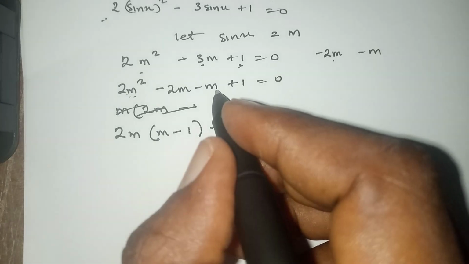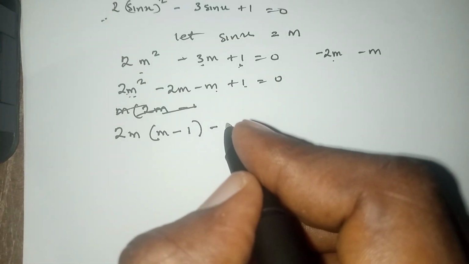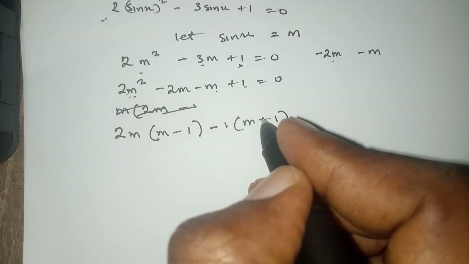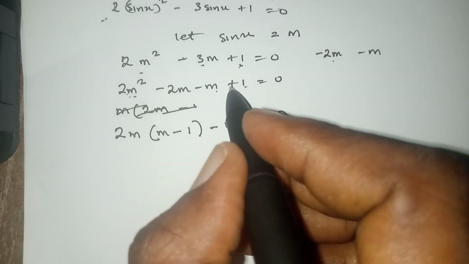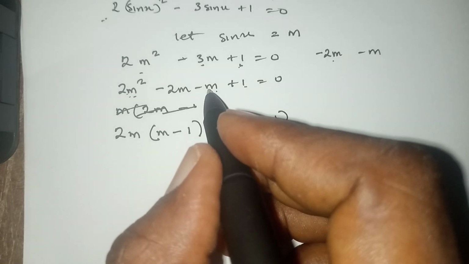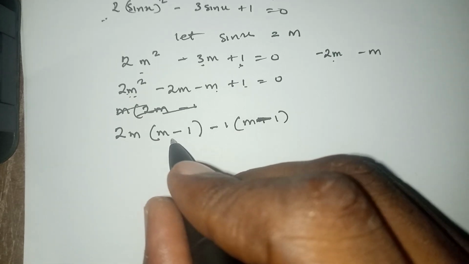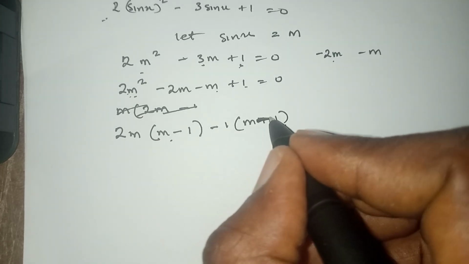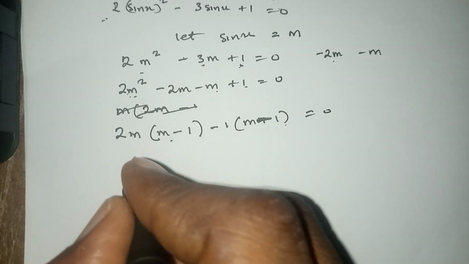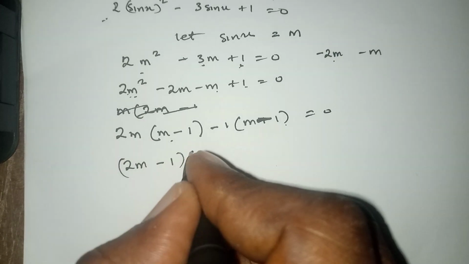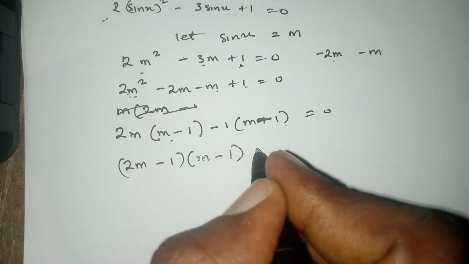Then minus, because we factorize minus 1 out, so it will be minus 1. You have to watch out for these terms in the bracket. They must be the same. So we have 2m minus 1 and m minus 1 equals 0.